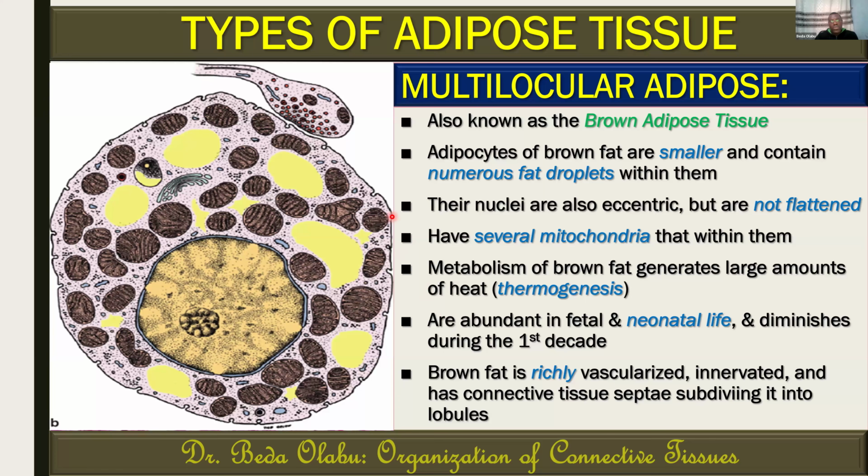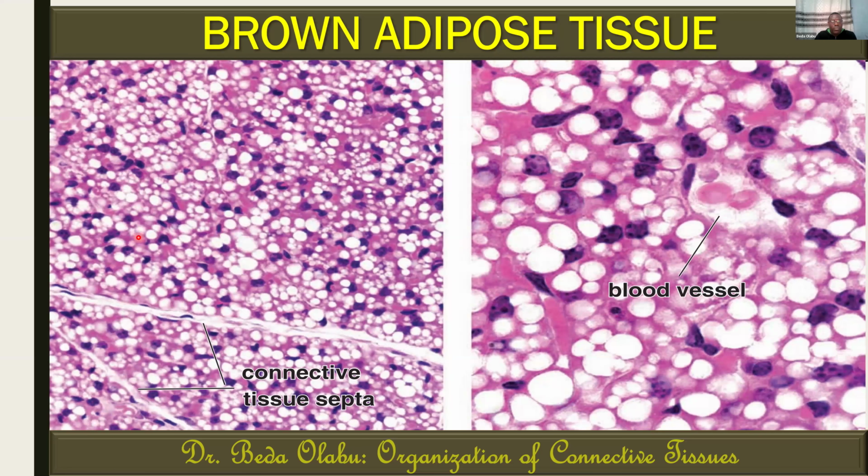Brown adipose also has some connective tissue septa that divide the larger adipose into lobules. So we don't see this much with the unilocular fat, although it can still happen, but we see it much more with the multilocular fat. Maybe I show you an image to demonstrate that. So this is basically multilocular fat.